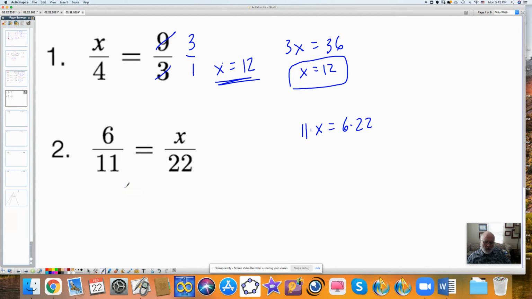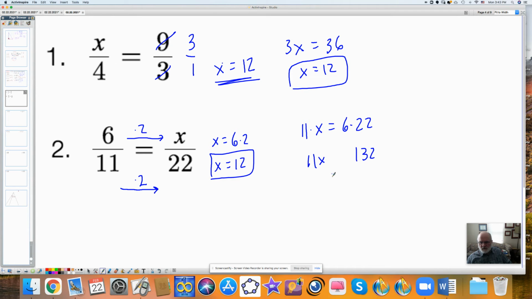But I also might want you to notice that if I scale this up by a scalar of 2 times 2, I could scale this piece up by 2. So if x is equal to 6 times 2, that's equal to 12 here. Doing it out, you have 132 is equal to 11x, so x is equal to, divide both sides by 11, x is equal to 12. Just a little bit more work, maybe.